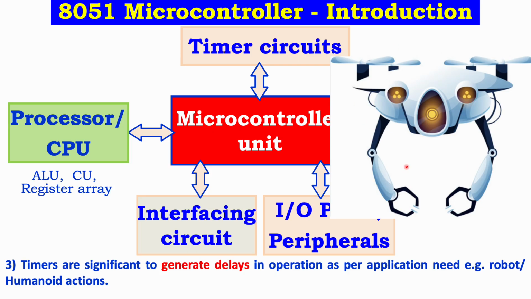When fly robots are used for transmitting goods over long distances, some delay is required to catch the things and transmit them. So for every operation a delay is required. That delay is generated by the timer circuits.